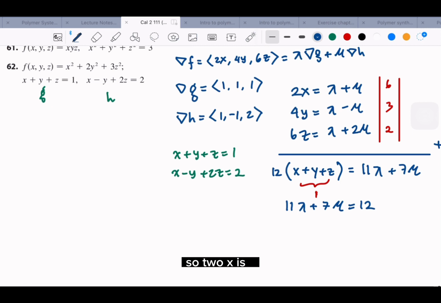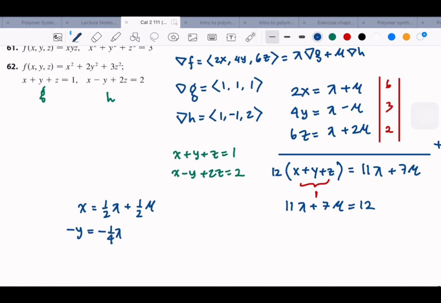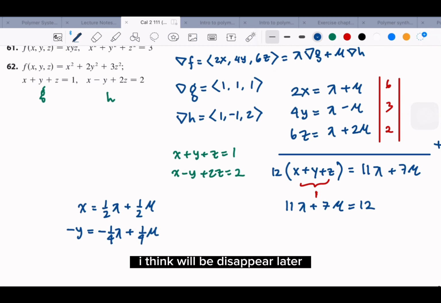So 2x is x equals half lambda plus half mu, minus y, so minus 1 over 4 lambda plus 1 over 4 mu. It has fractions, but I think the fractions will disappear later.